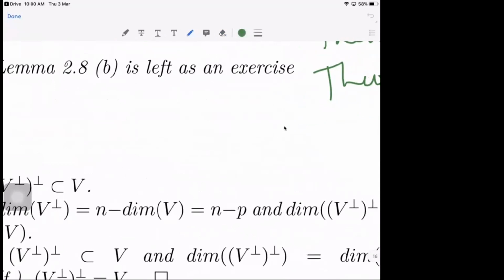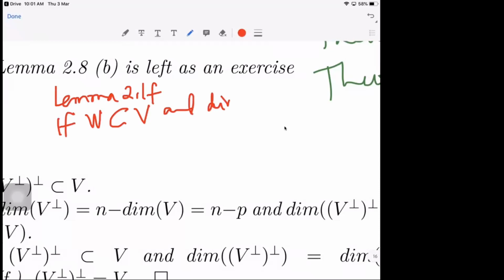This is lemma 2.1F. Can you see my slide? Yes, ma'am. If W is a subset of V and the dimension of W is equal to the dimension of V, then V is equal to W. Okay?